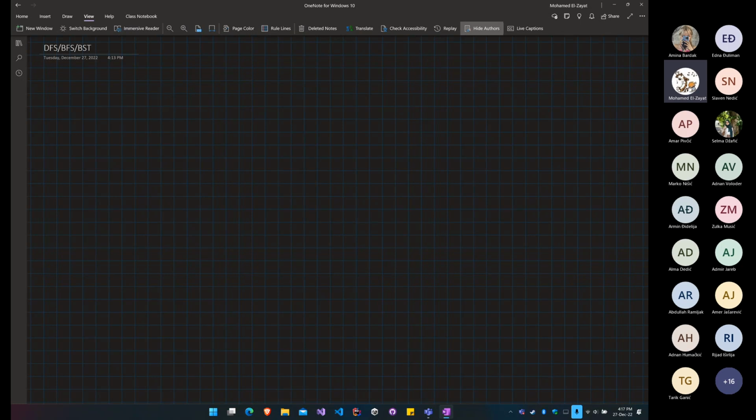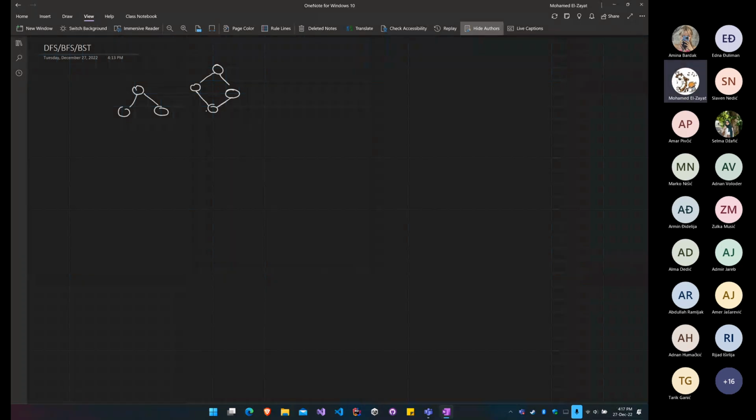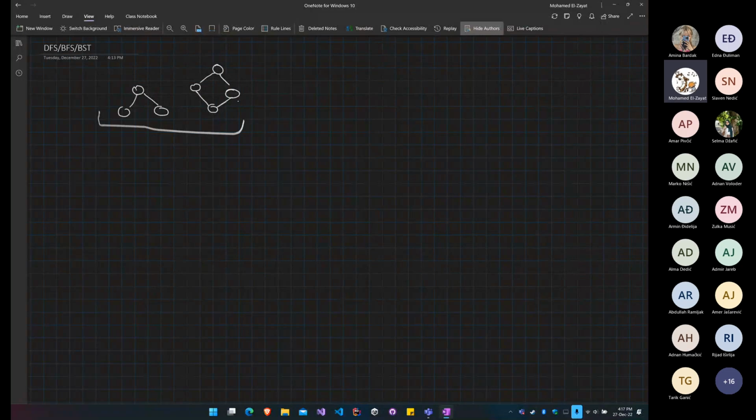For example, if I've given you something like this in the computer, because I drew it, it's obvious for you that you can see it. But let's say somebody gives you a data structure, for example an adjacency matrix of nodes, and you would like to ask the question: is this graph fully connected or not, right?